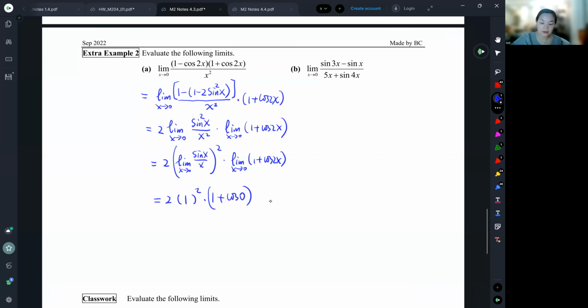Okay, and then it's 4. It's 2 times 2. Is it fine? So I guess if you expand, is it possible to still solve it? I think so.